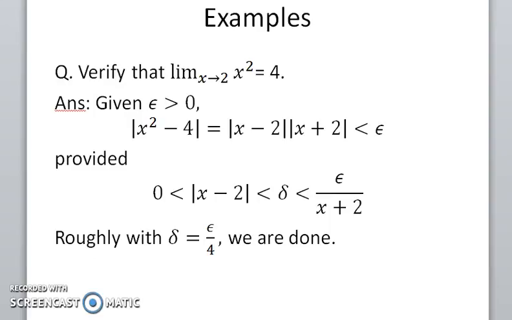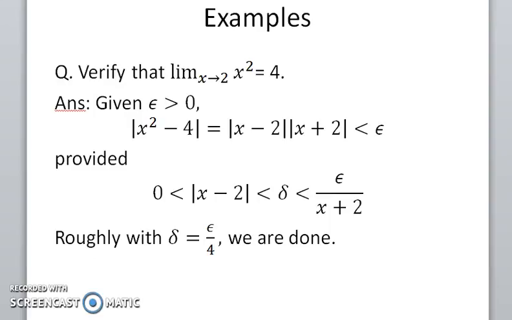Well, let us verify using the epsilon delta definition. Until and unless you do a couple of examples and verify using the epsilon delta definition, it won't be clear.